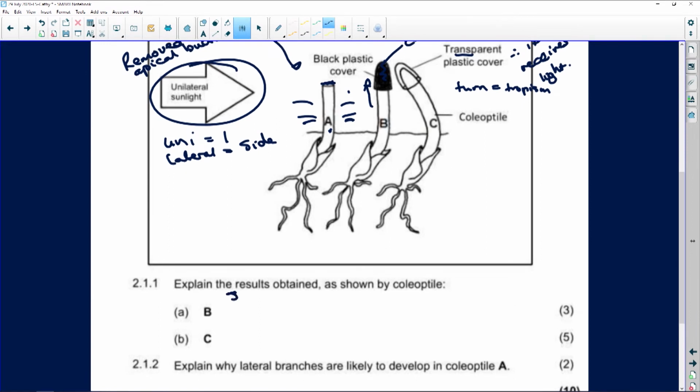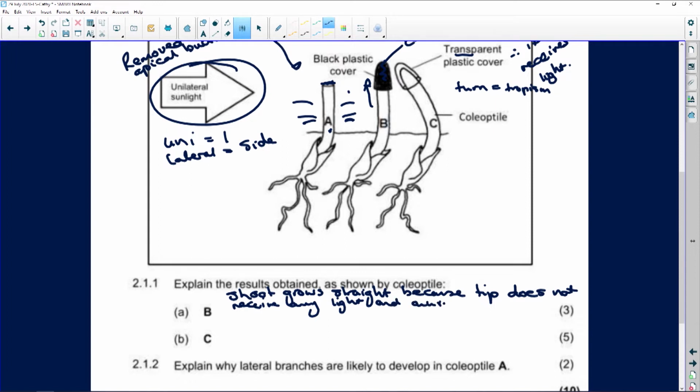The shoot grows straight, because the tip does not receive any light. So it doesn't even know that the light's coming from the side. And where are the auxins?